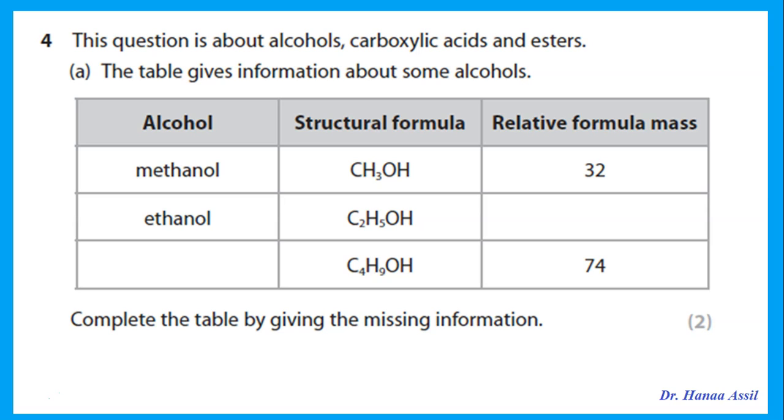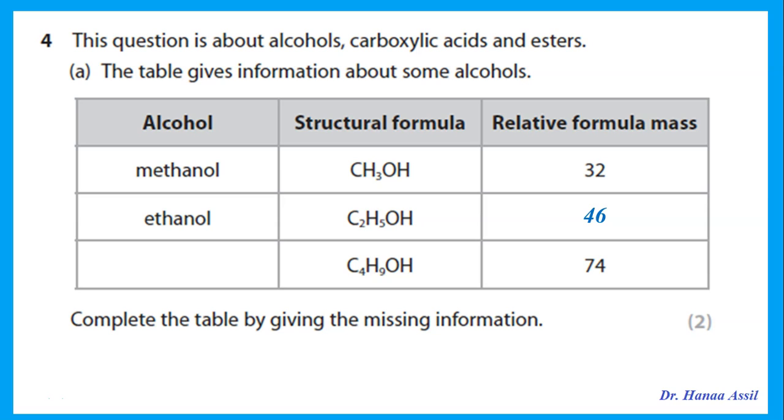Again, remember, we're talking about mass numbers, the big number from the periodic table. Carbon has a mass of 12, hydrogen has a mass of 1, and oxygen has a mass of 16. You add them all up, 2 times 12 plus 6 plus 16, and that is a relative formula mass, or what we call Mr, of 46.